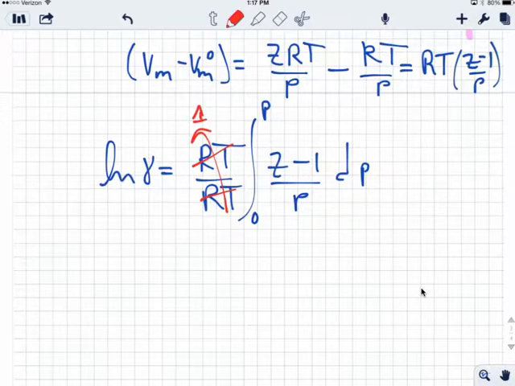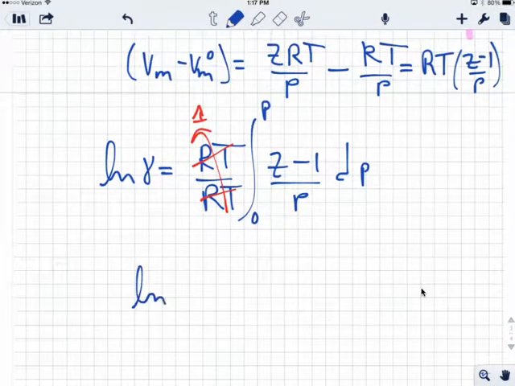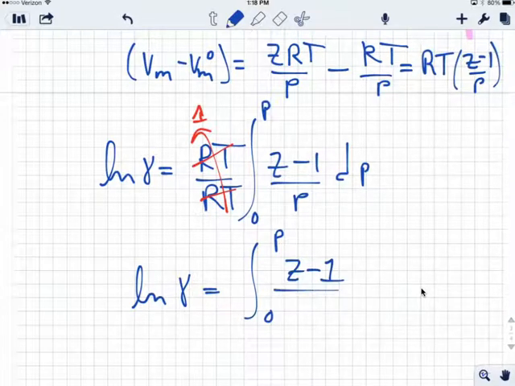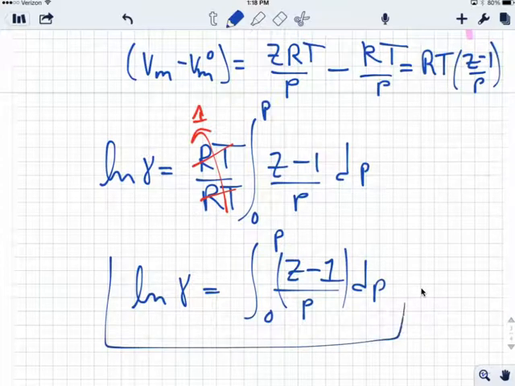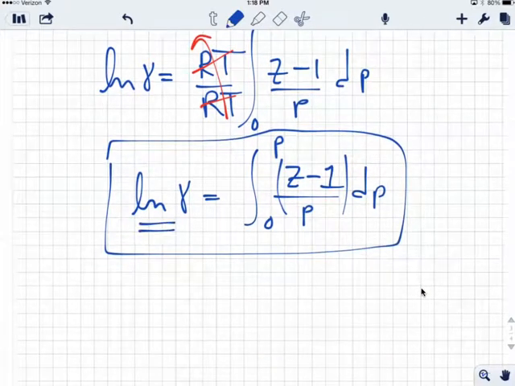And I will rewrite the final equation. So we have the integral of the compressibility minus 1 divided by pressure times pressure integrated from 0 to P. So here we have a nice way to define what the log of the fugacity coefficient actually is.